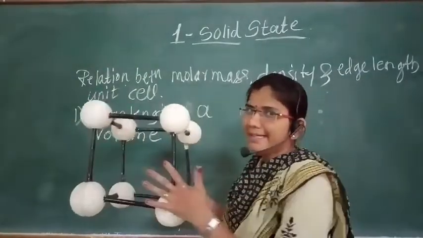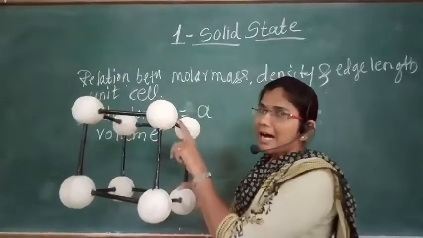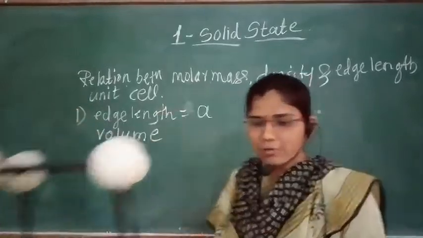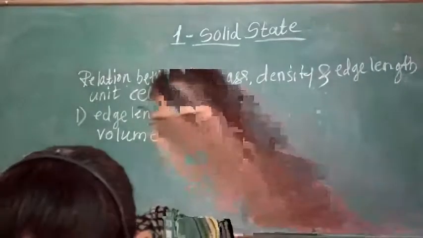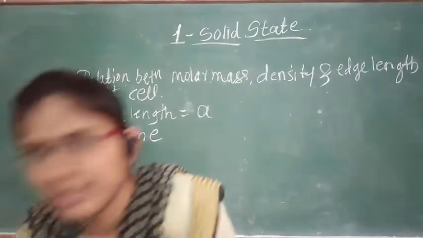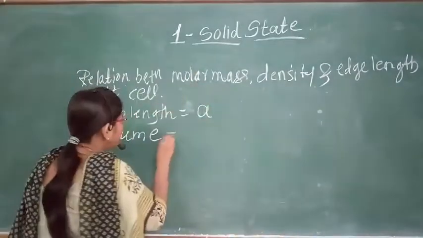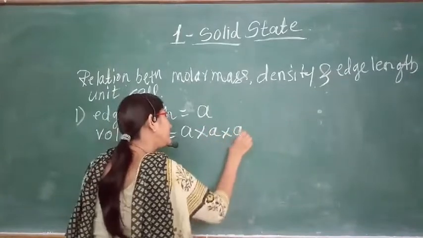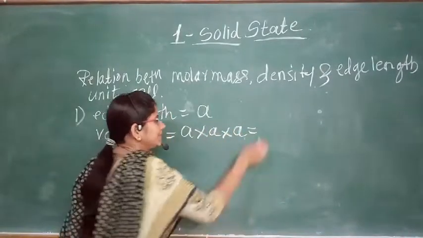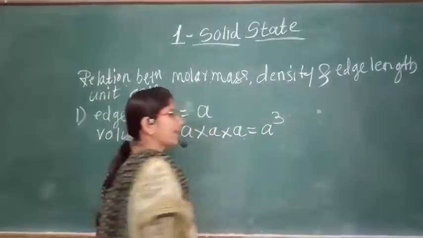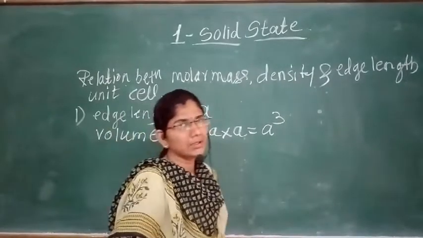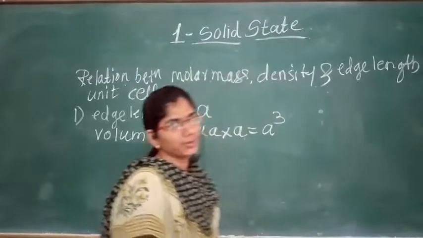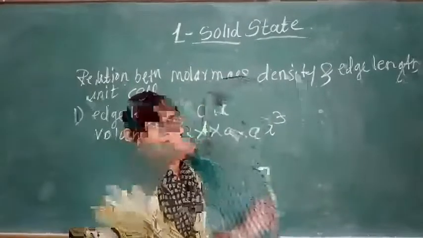This is our area and this is our height, and therefore the volume of this unit cell is equal to, dear student, a into a into a, that is a cube. The volume of the unit cell is equal to a cube. So this is our first step.